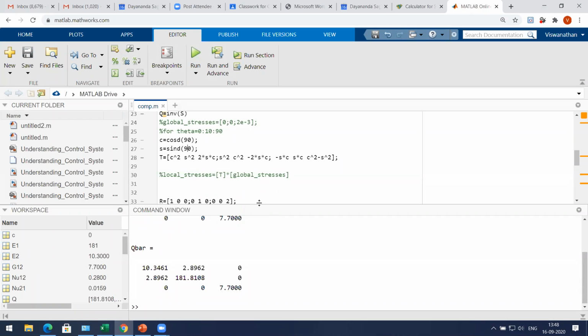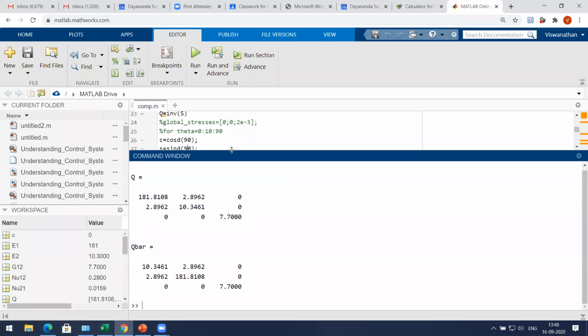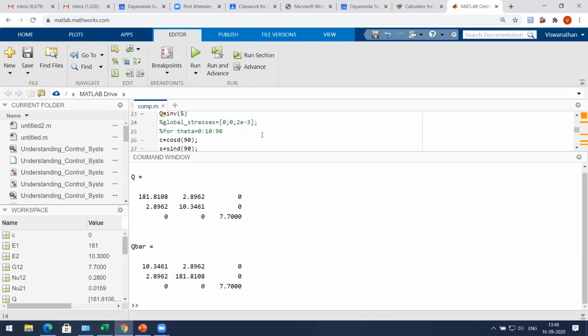I get two matrices, Q and Q bar. You see it's slightly changed now. Both are not the same because of the 90 degree angle.